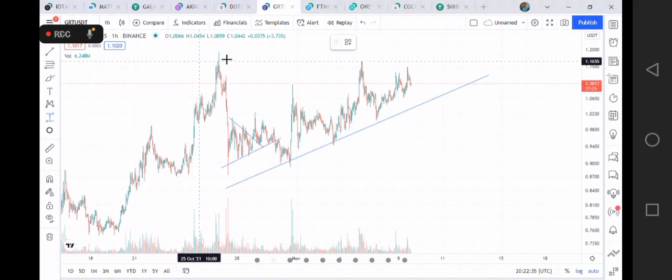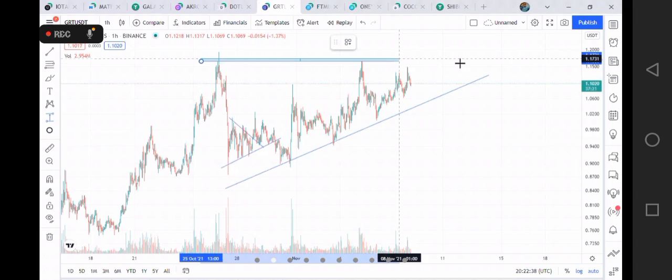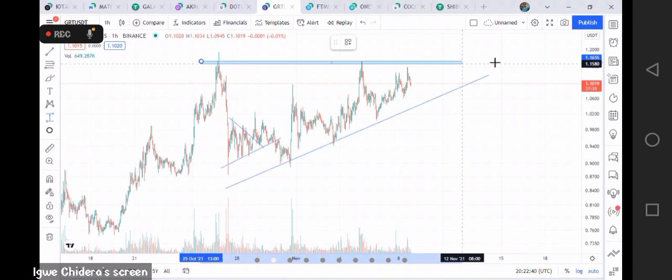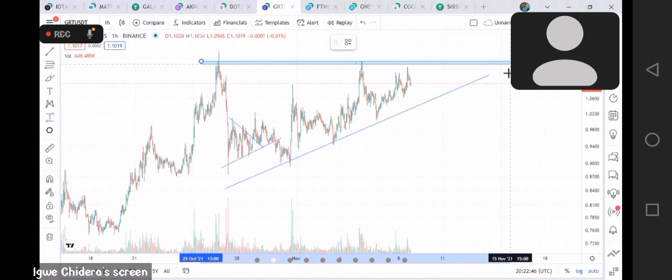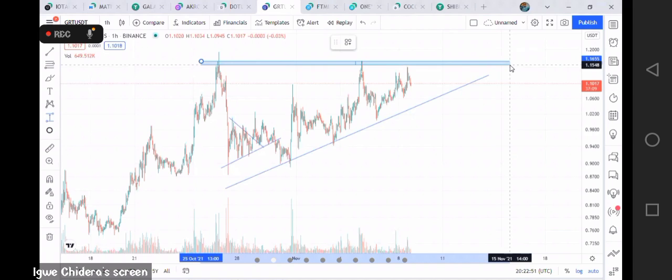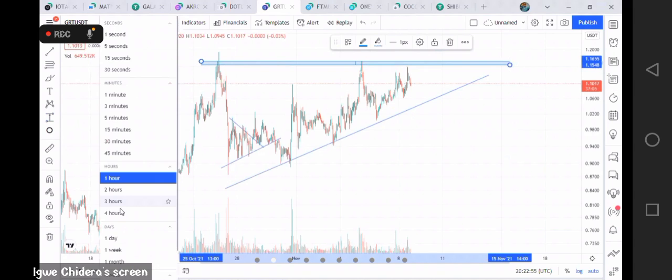Yeah, GRT is an ascending triangle. I saw it earlier. That's an ascending triangle, that's it. Let me move to a higher time frame so I can see better.